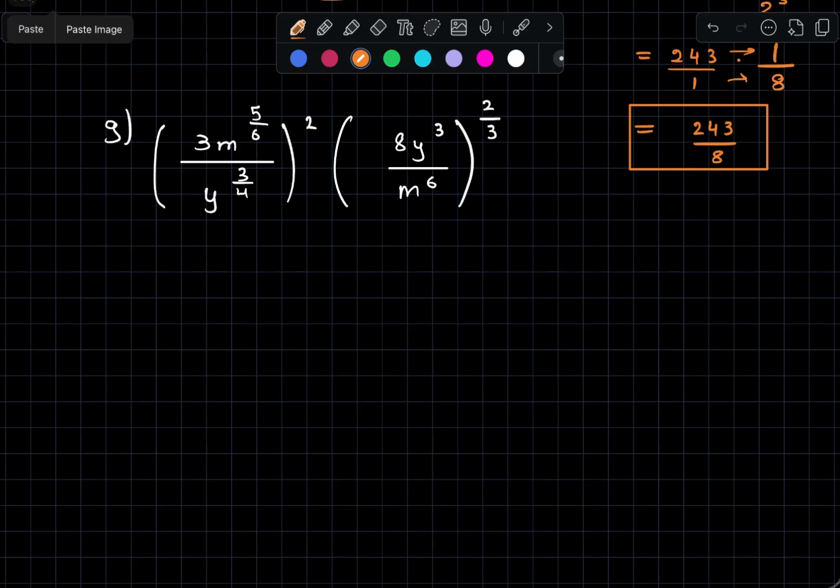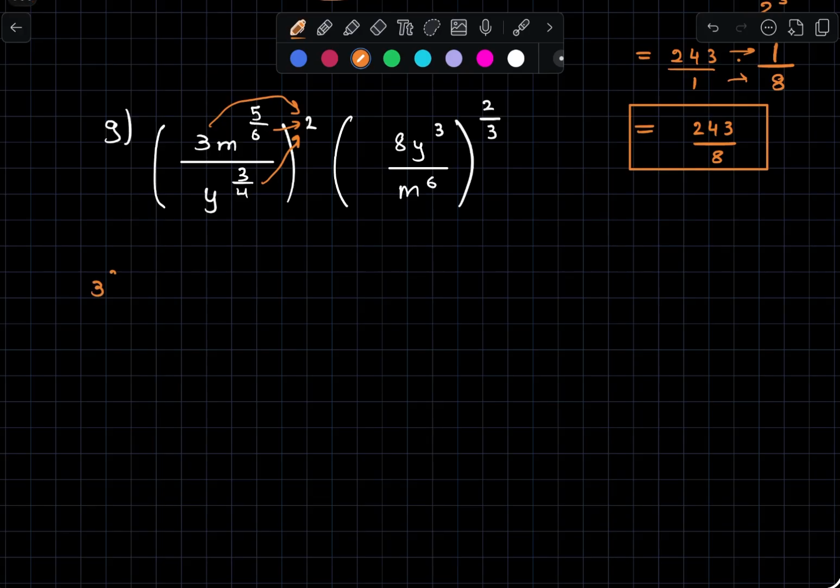So we've got a squared out there, and we've got a 2/3 out there. Okay, so this 3 is going to get raised to the second power. This m to the 5/6 is going to get raised to the second power. Y to the 3/4 is going to get raised to the second power. So how's that look?